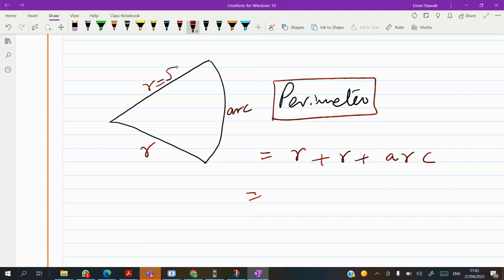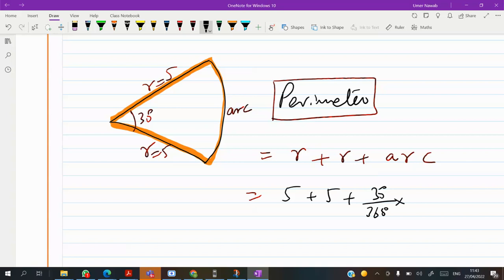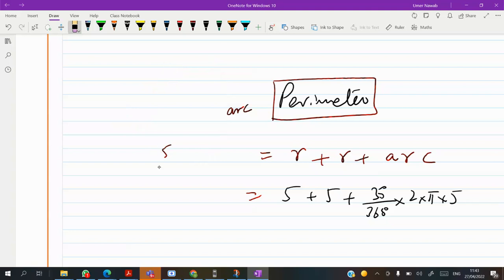For example, r is 5 and this angle is 30 degrees. So how will I find the perimeter of this shape? The perimeter of this shape is 5 plus 5 plus 30 over 360 times 2 times pi times 5. And then we can easily calculate the perimeter of the shape.